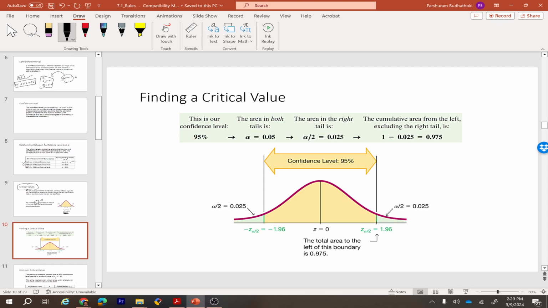So let's look at the relation between the confidence level and the value of alpha. If you want confidence level 95%, for example, the value of alpha is 5%, and alpha over 2 is 2.5%, which is 0.025. Then the area under the curve to the right side is 0.025. For this value, we would like to find the z-score. That z-score is the critical value.